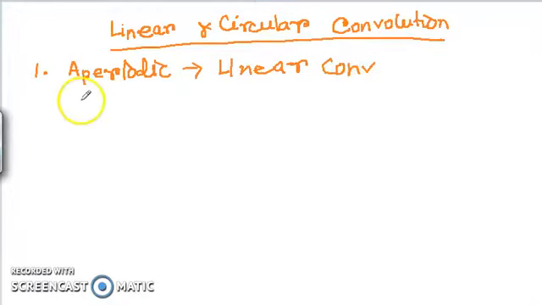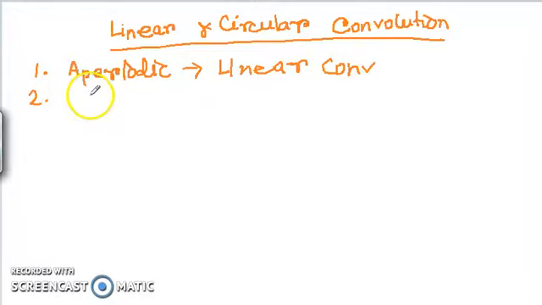Okay. Now, where we will apply circular convolution? We will apply circular convolution for a periodic sequence, but we take a finite duration of the periodic sequence. So, where we are going to take circular convolution?